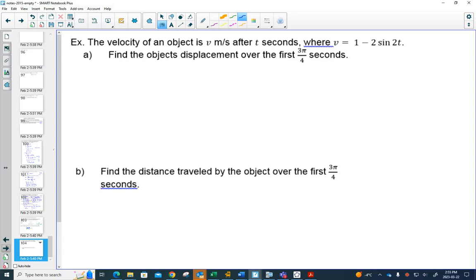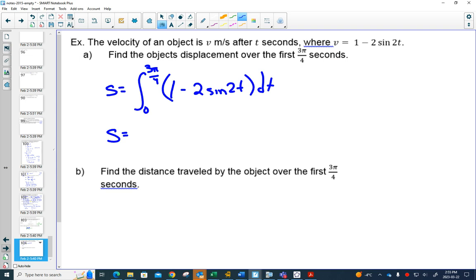So if a question is asking for displacement, then you're just going from 0 to 3 pi over 4. And if this was non-calculator, we would figure out, okay, the integral of 1 is just t.